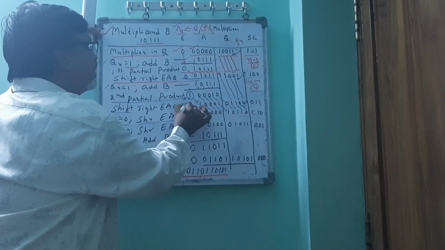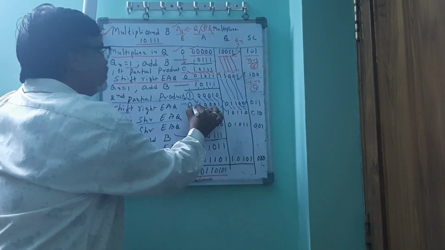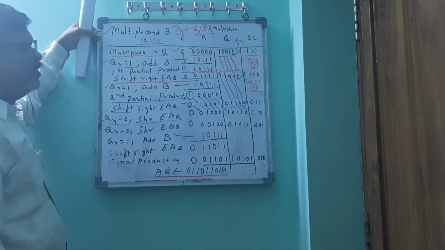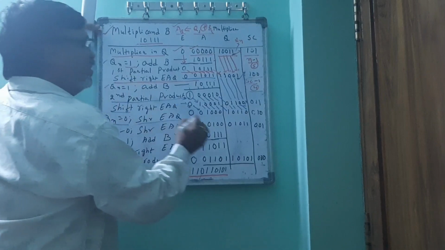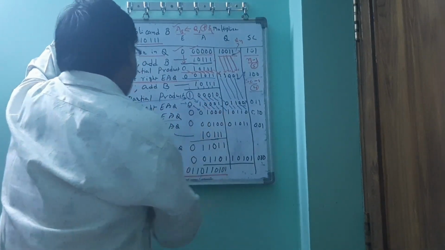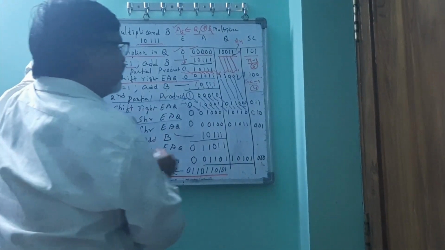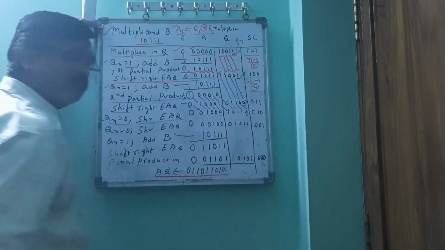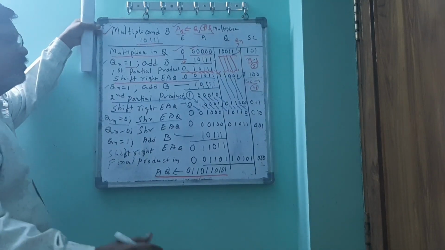In the previous addition, there was no carry, that's why it is moved as it is. So that is over. After that shifting, again we have to check the end carry. Here the 0 is there, Qn = 0.